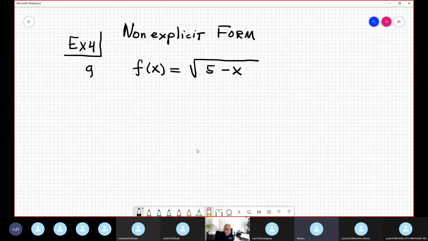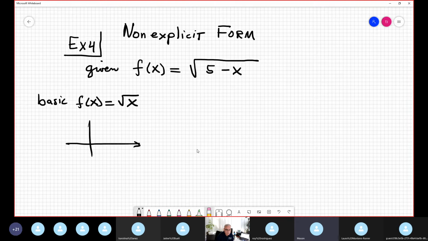This given function comes from the basic function f of x equals square root of x. I know very well that the graph looks like that.